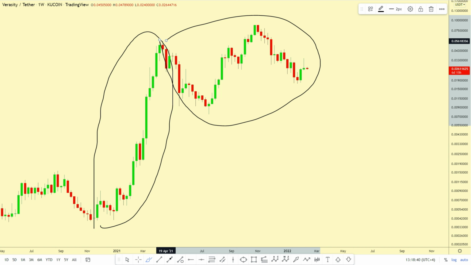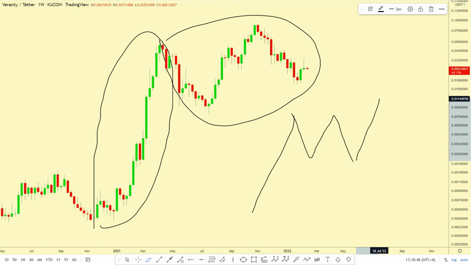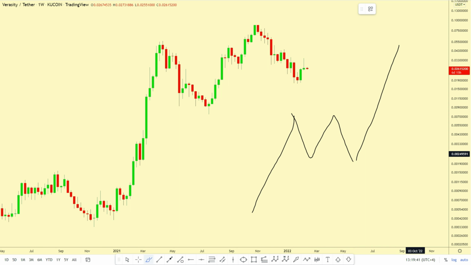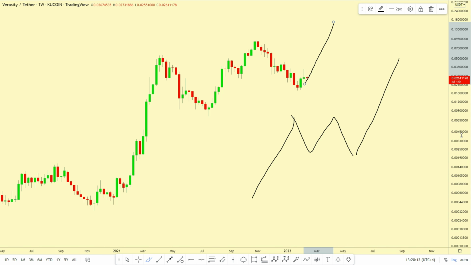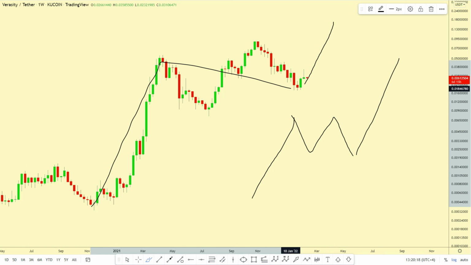Now in order to fulfill the most basic structure type, which contains an impulse, a correction, and then another impulse, we still need to see one more impulse up, and this means that the overall structure needs to have one more upside from here and form a new all-time high. So at that time only could we say that we have formed a three-wave basic structure.